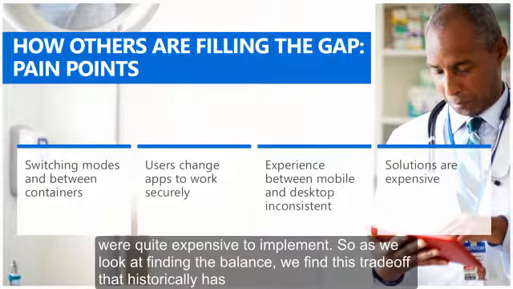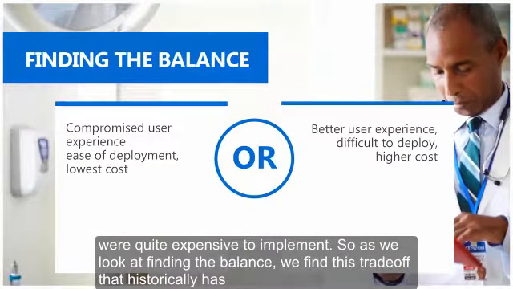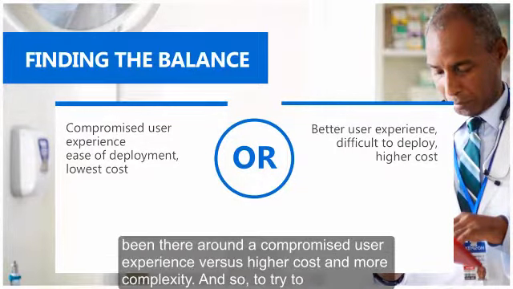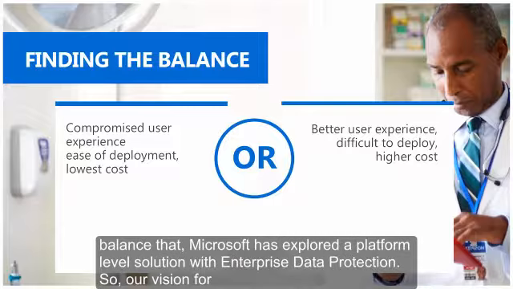And many of these solutions were quite expensive to implement. So as we look at finding the balance, we find this trade-off that historically has been there around compromised user experience versus higher cost and more complexity. And so to try to balance that, Microsoft has explored a platform level solution with Enterprise Data Protection.